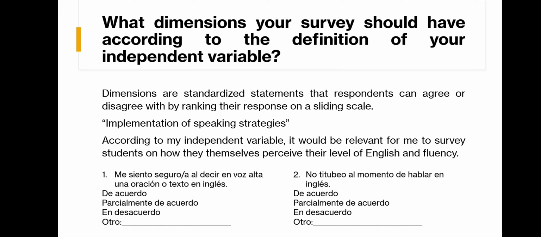And here are two examples of items of my survey, and the dimensions that I will use.